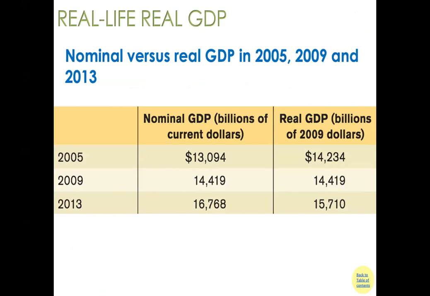Now, this slide just shows you what the actual nominal and real GDP look like in the United States. So I want to ask you a question. If we look at this table, can you tell me which year has been used as the base year?